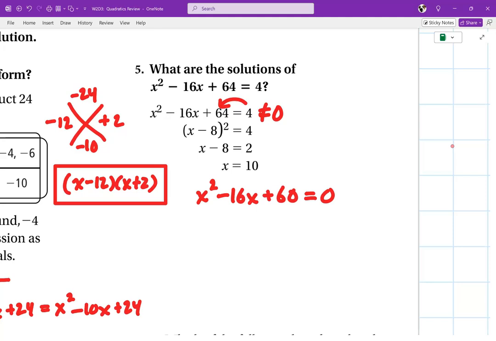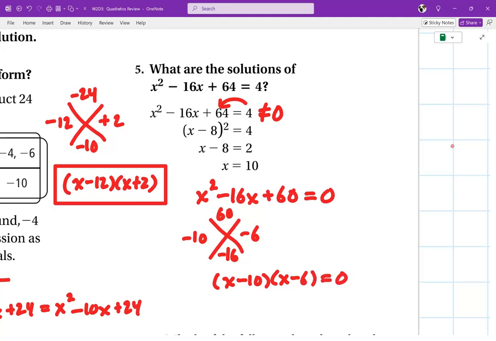And then I would factor. 60, negative 16, that's 10 and 6. That would be a negative 10 and a negative 6. So your factors would be (x minus 10)(x minus 6) equals 0. What are my two solutions? All right, so 10 and 6. So there should be an extra one right here, right? So again, not a hard problem, not as involved as the other ones.